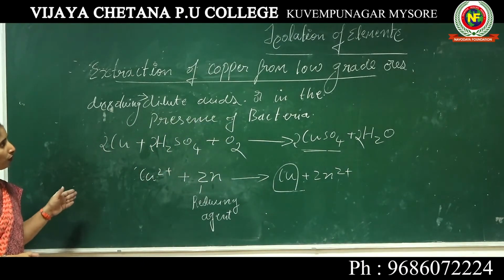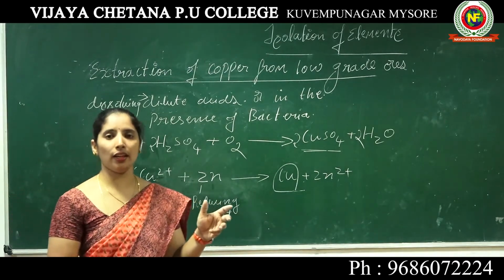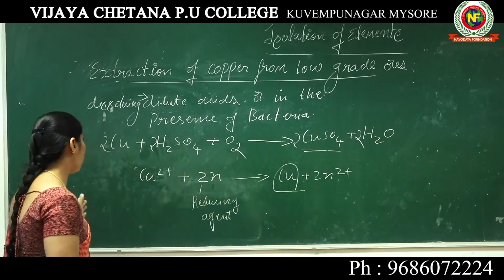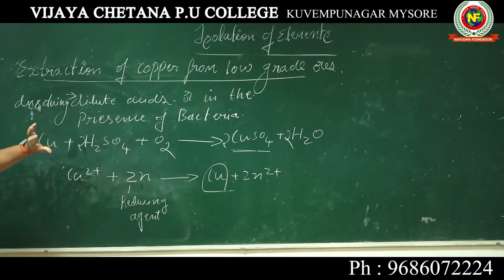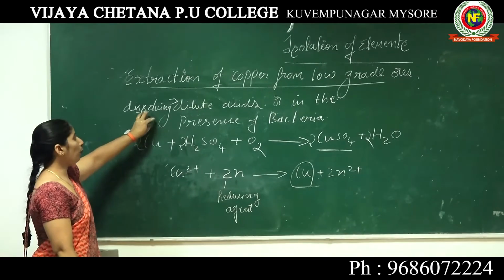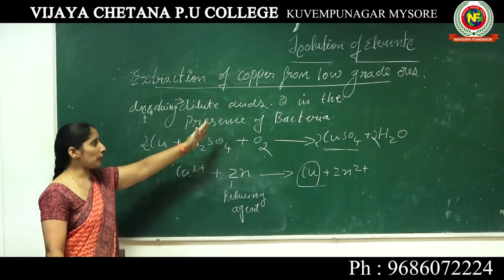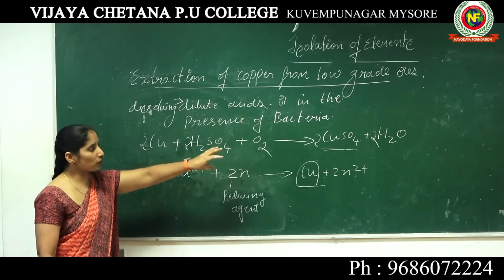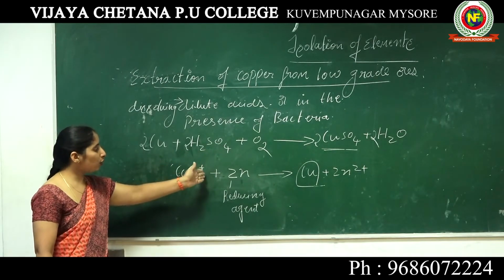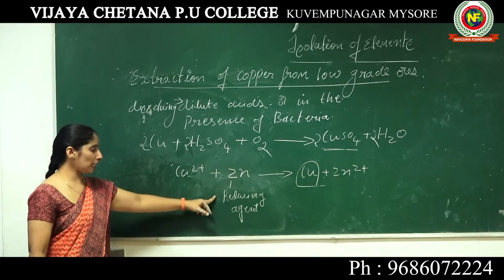So this is one of the methods of how we extract copper from the low grade ores. Here the copper is leached from the ore with a dilute acid or in the presence of bacteria, forming CuSO4. The cupric ion present in the solution gets reduced to copper by adding a suitable reducing agent, that is zinc.